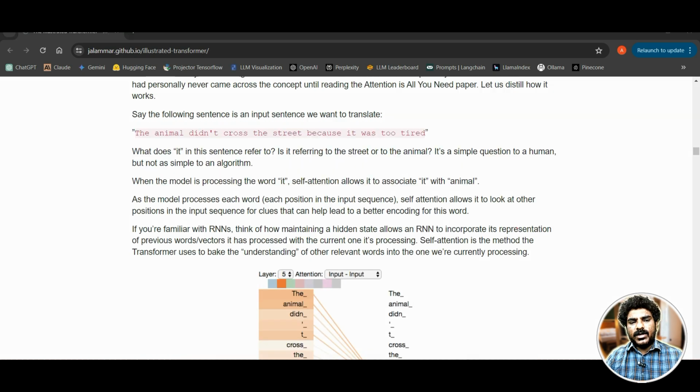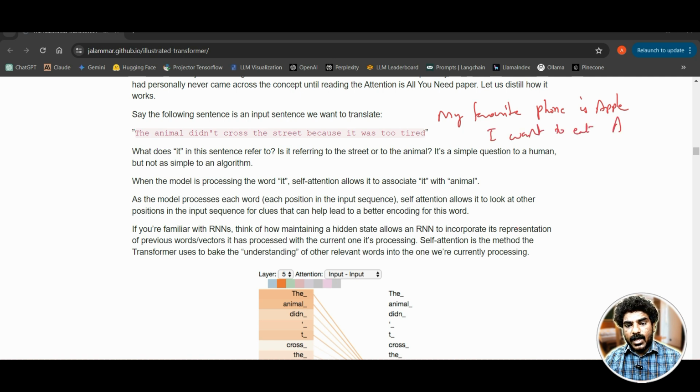Let's take another example to understand this, right? You say, "My favorite phone is Apple." And somewhere in the text, it is written as, "I want to eat apple." So for you as a human being, it is understood.